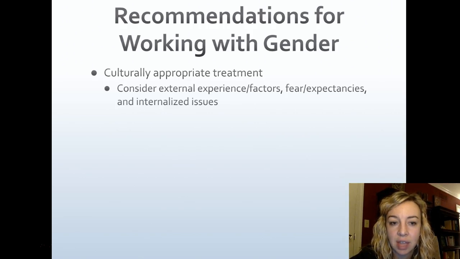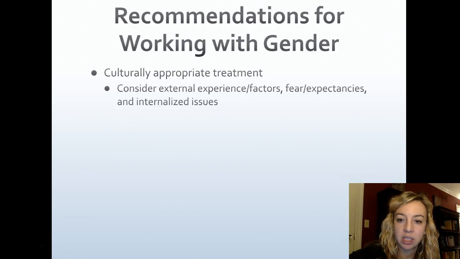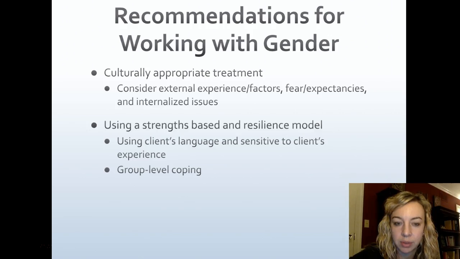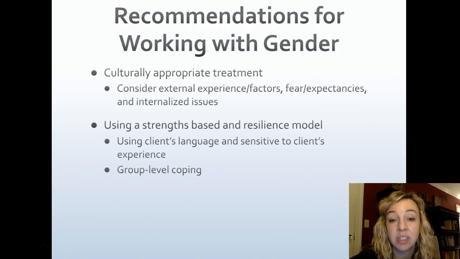First of all, culturally appropriate treatment considers their experiences, their fears, and the internalized issues, all three of those. And it's important to use a strength-based model, which means using the client's language, being sensitive to their experience, noting the strengths and resilience that they have that folks who have not had these experiences might not have, and noticing what kinds of supports and strengths there are within their group.